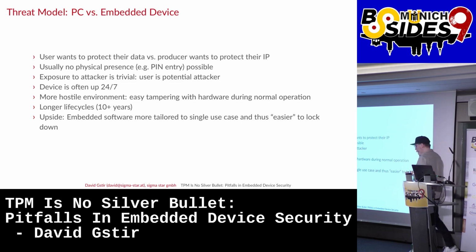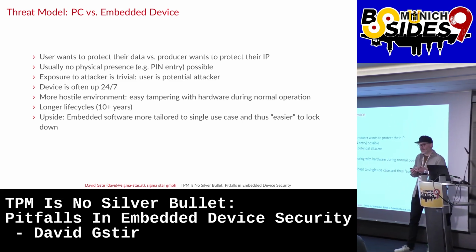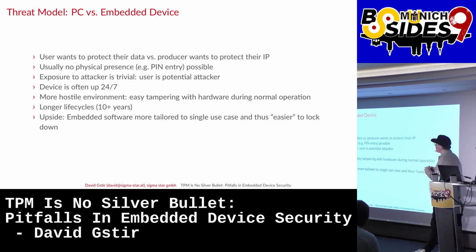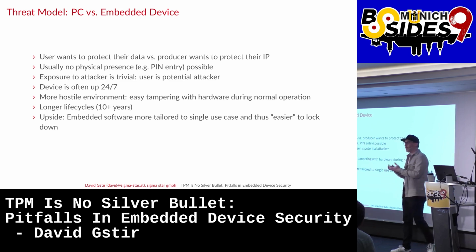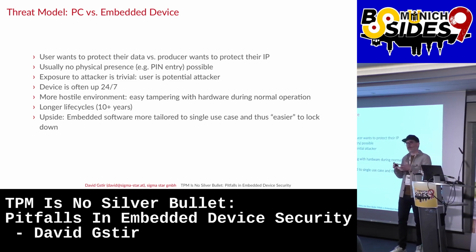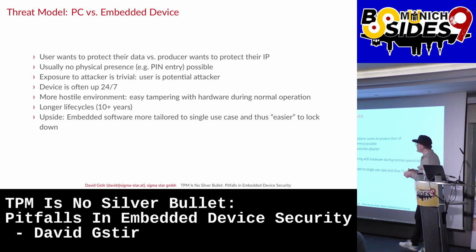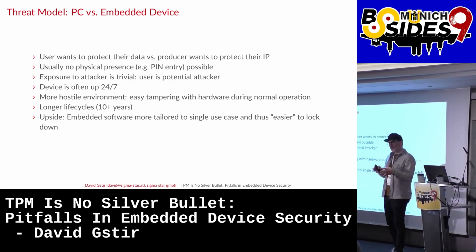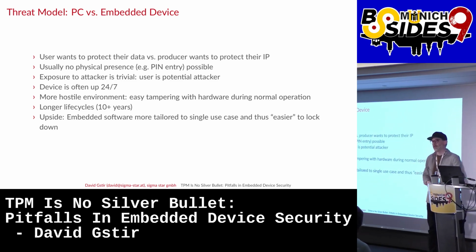When we talk about TPMs, and that's the main thing we usually talk about with our customers, you have to compare your threat models. TPMs are mainly used and understood on laptops, PCs or desktop hardware, and for embedded devices, the threat model is a bit different. First, on a PC, I as the owner want to protect the data that's on there.